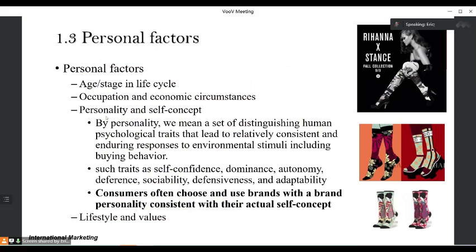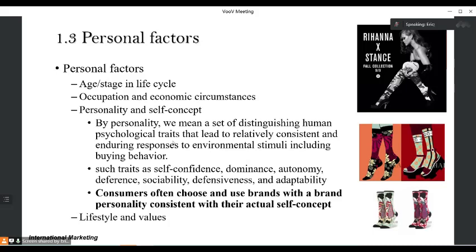And next is about personality. Personality is an interesting topic, a complex topic. We mean a set of distinguishing human psychological traits that lead to relatively consistent and enduring responses to environmental stimuli, including varying behavior. Everyone has a different personality.